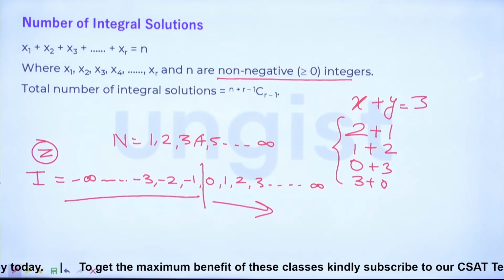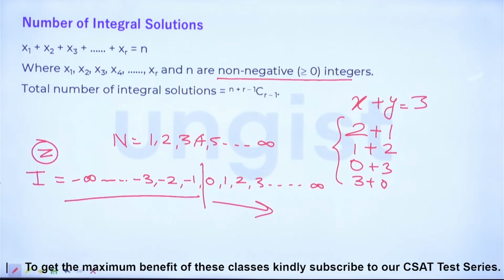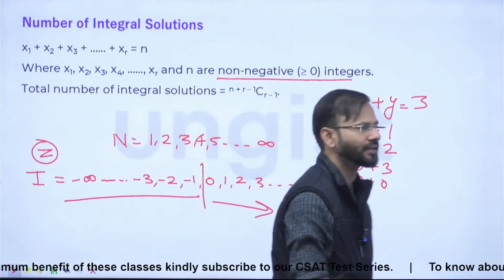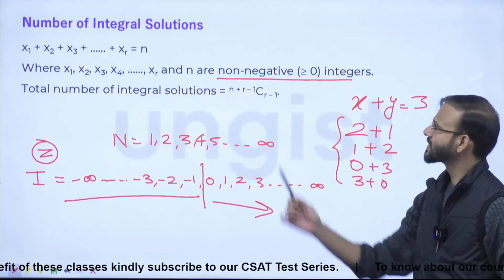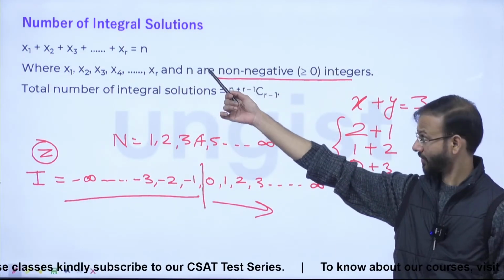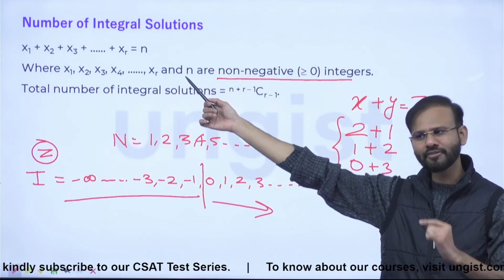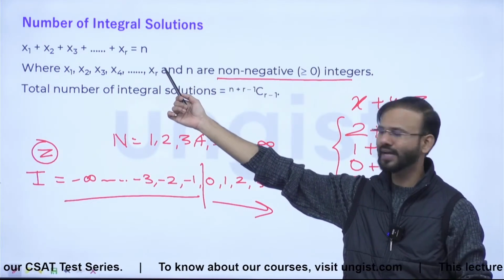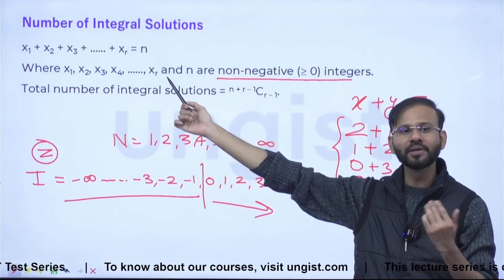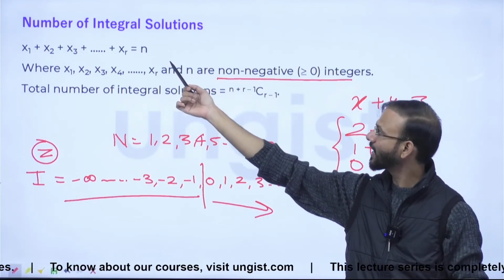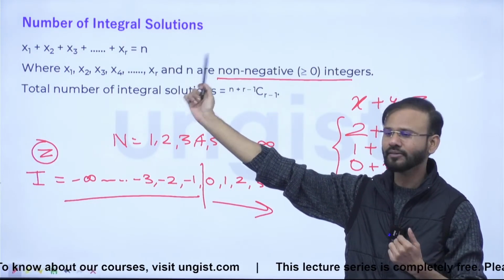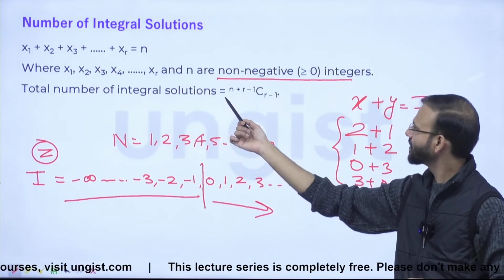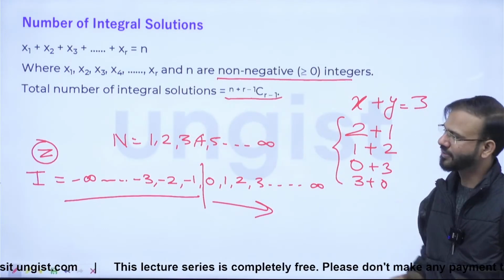Okay guys, हाँ देखिए, इधर देखिए जरा, here LHS side देखिए जरा, here in LHS side we have r variables, x1, x2, x3 up to xr, right? And RHS side we have n, fine? So number of integral solutions is n plus r minus 1, right everyone?